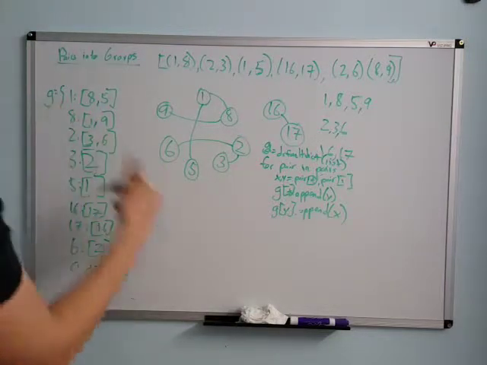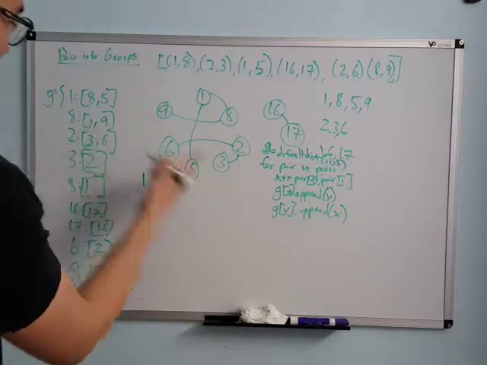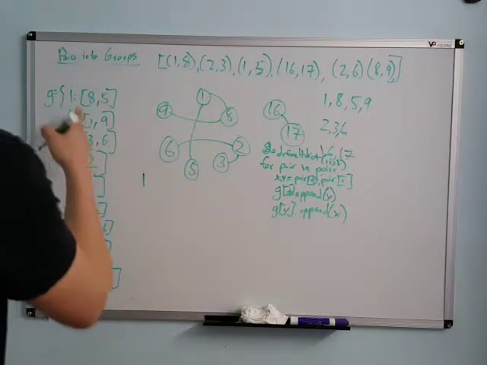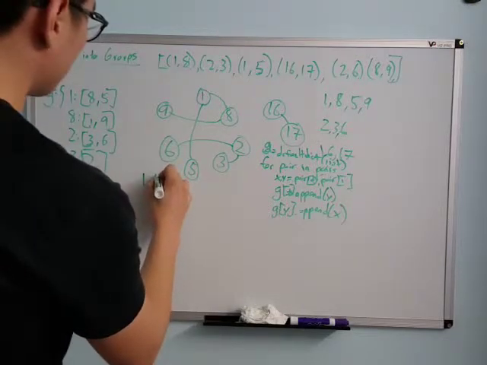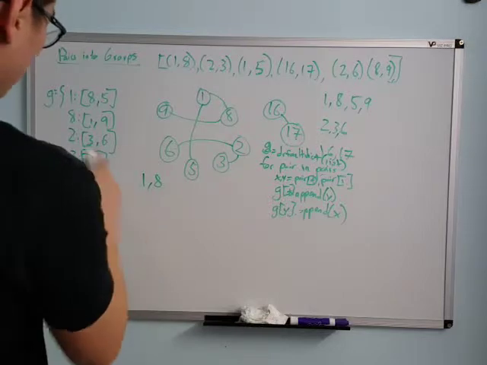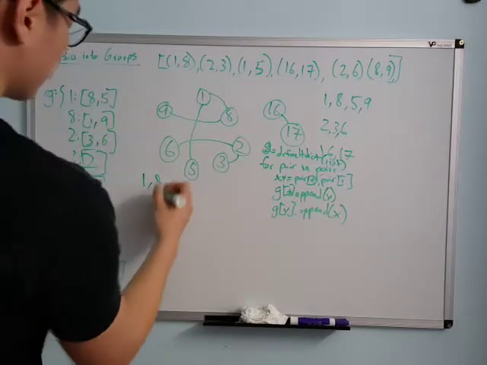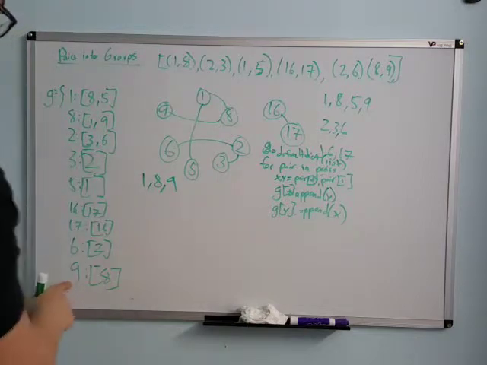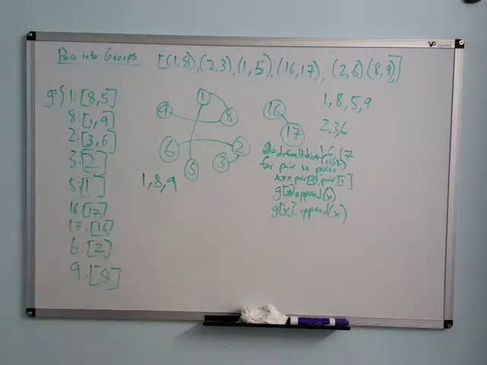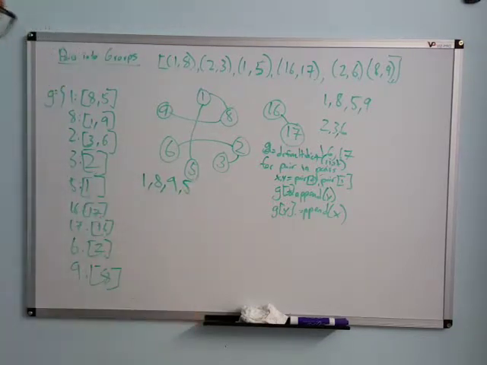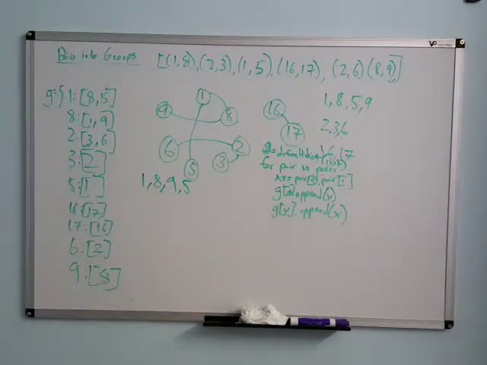We go here, we see 1, we add 1 to our current grouping. We see 8, we add 8 to our current grouping. We look at 8's children. 1 is already in the grouping, so we can ignore that. 9 is not in the grouping, so we can add 9. We have to look at 9's children, which is 8, but 8's already in there, so we can ignore that. And then we see 5 is there, and then that would be one grouping.